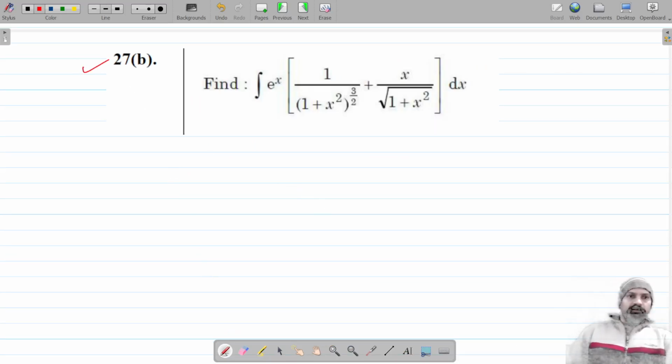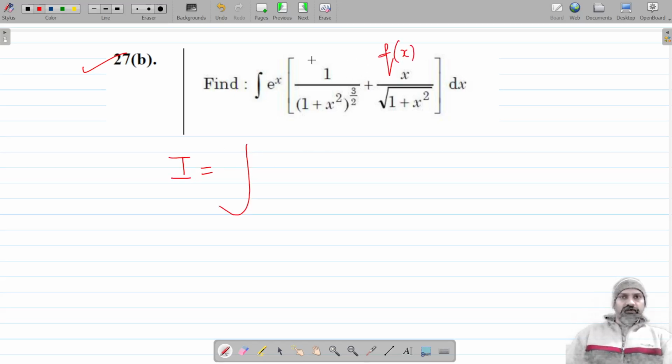Okay, for question number 27, part B, we have to find the integration of this, and let's say this is our integration. And this clearly is a case of where this is the function and this is its differentiation. So let me show how it is.